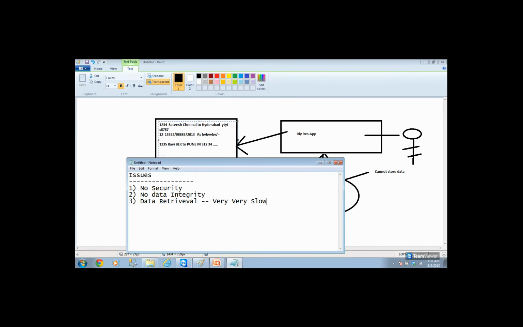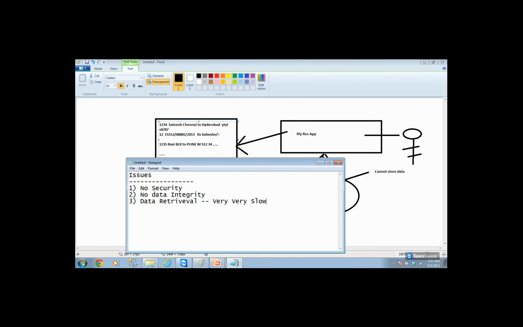If you ask this question to the database or to the C and C++ application, it is very very slow, because there is no clue where the data is. It has to read row by row, row by row, from the flat file and get the answer. You are lucky if you have little data. You are unlucky if you have lakhs of data, millions of rows in the flat file system.